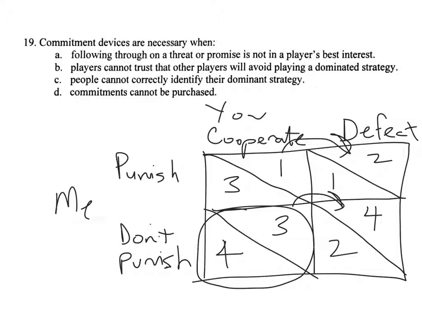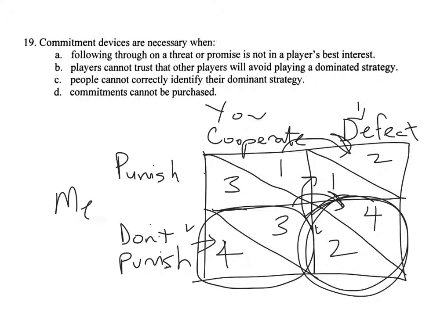And if you defect, I would hurt myself by punishing, so I have a dominant strategy not to punish. If you cooperate, I don't punish, and if you defect, I don't punish. So you have a dominant strategy to cheat, I have a dominant strategy not to punish, and this game is inferior.